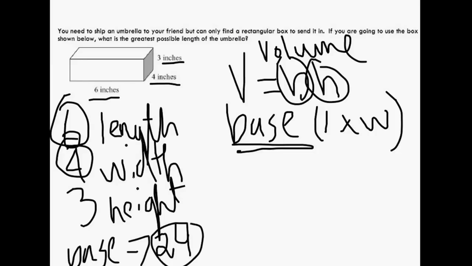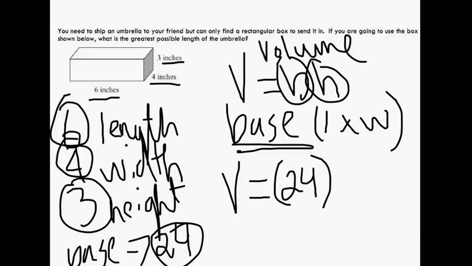Now that I have these two numbers, I can go ahead and plug them into our formula. V equals, instead of B, I'm going to write 24 times height. Instead of height, I'm going to write 3. So then this becomes really simple math where all I'm doing is multiplying 24 and 3.